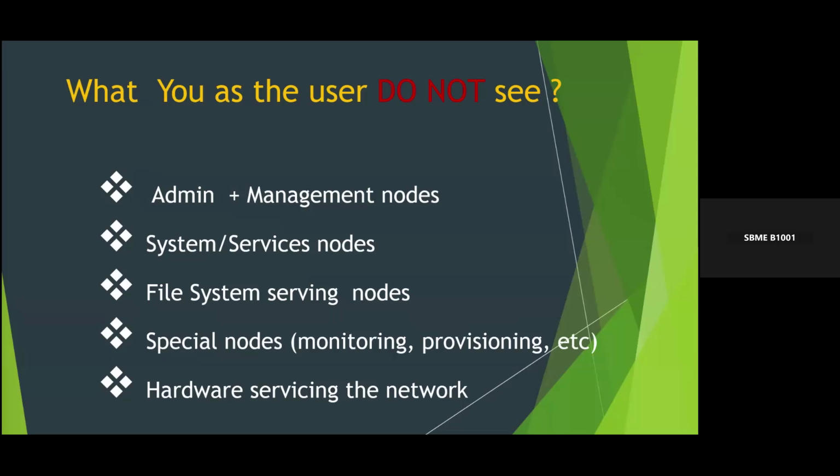And of course, you don't see this entire provisioning layer and monitoring layer, which we need to use to make sure that the system is operating correctly. And of course, you don't see the hardware which is operating the network. Again, we have to make sure that the network is reliable, that there are no bad cables, no bad ports, that everything is operational 100% all the time. And that's a tough job.